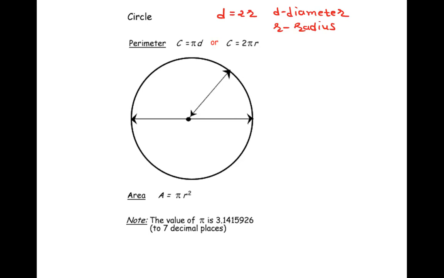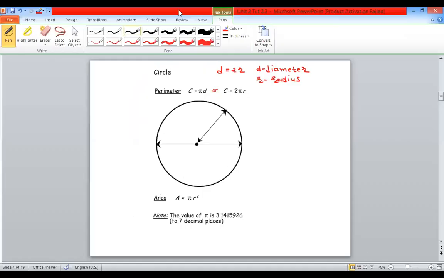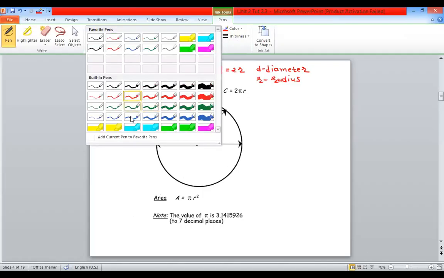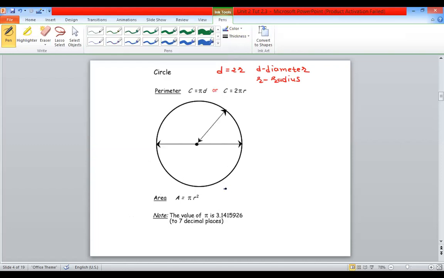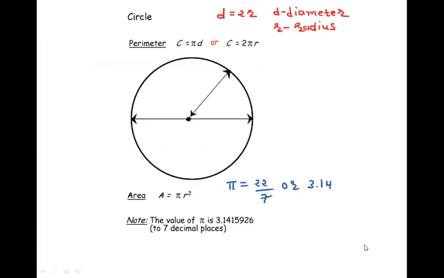The second formula is for the area, that is pi r square. By default, you can take the value of pi equal to 22 by 7, or it's 3.14 approximately. In the examples, if you are not given any value of pi, then by default you can take the value of pi as 22 by 7.